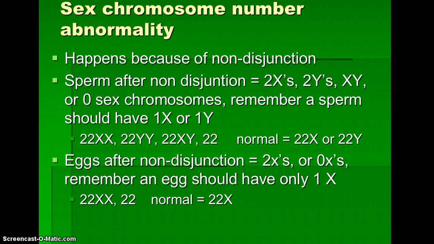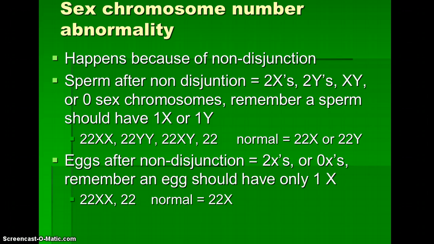Okay, now sometimes non-disjunction takes place with the sex chromosome, the X or the Y. So you have sex chromosome number abnormalities, an abnormality or disorder of the number of the sex chromosomes. Again, due to non-disjunction, sperm after non-disjunction will maybe have 2 X's, 2 Y's, or be X and Y, or maybe no sex chromosome at all will be in the sex cell.